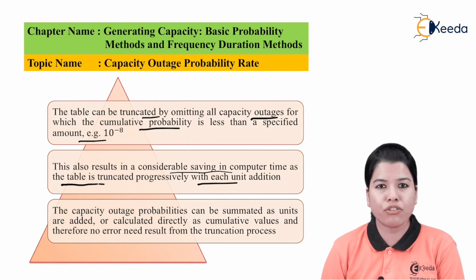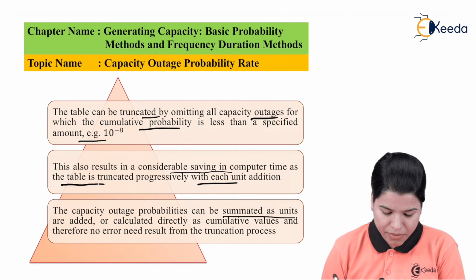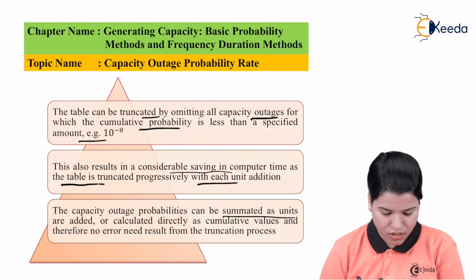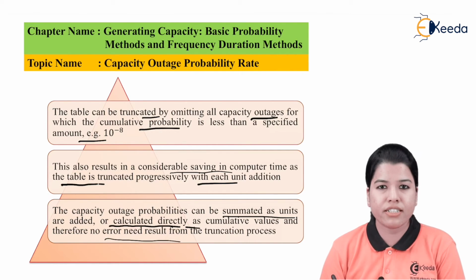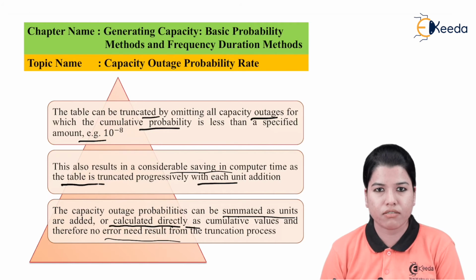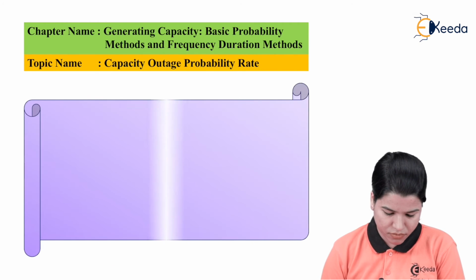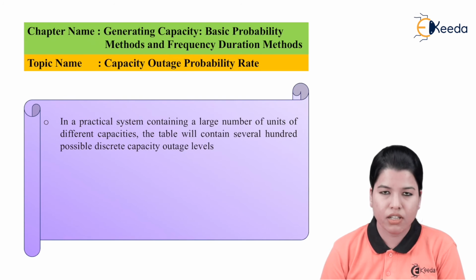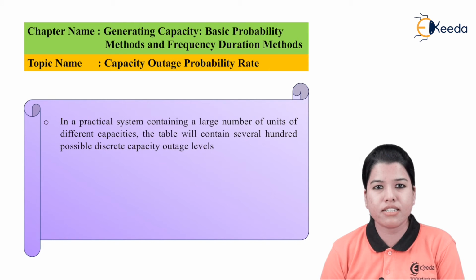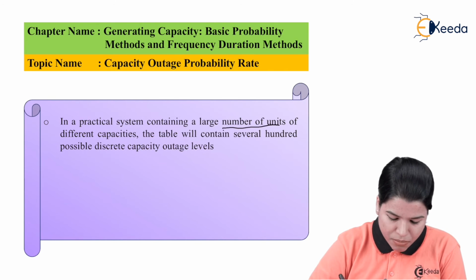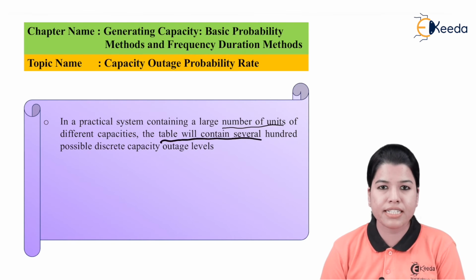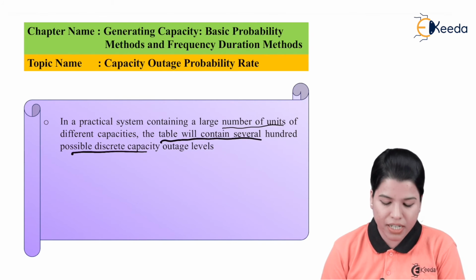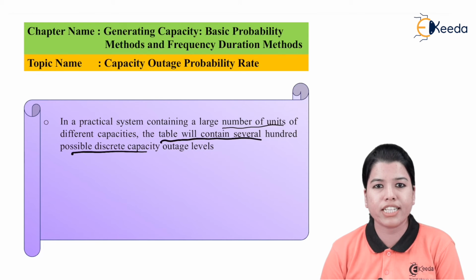So the capacity outage probabilities can be summed as units are added or calculated directly as the cumulative values, and therefore no error need results from the truncation process. Now if we consider the practical system, which consists of large number of units of the different capacities, the table will contain several hundreds of the possible discrete capacity outage levels.